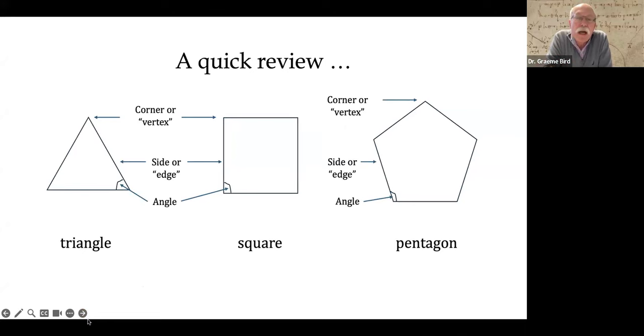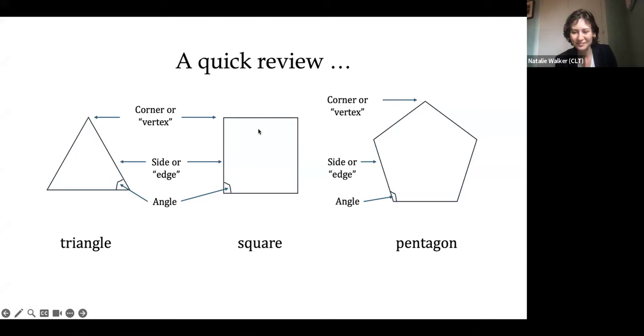But anyway, could I get in chat, what's the angle? What would the triangle's angle be? What would the square's angle be? And what would the pentagon's angle be? So 3 different angle sizes. Two of them are easy and one of them's not. Natalie, if you can let me see what I've got. Right, Colleen, the first two are right.